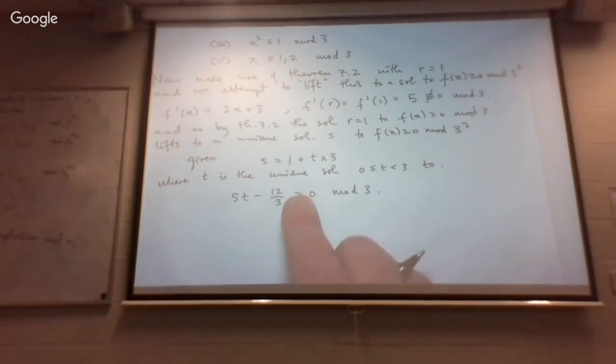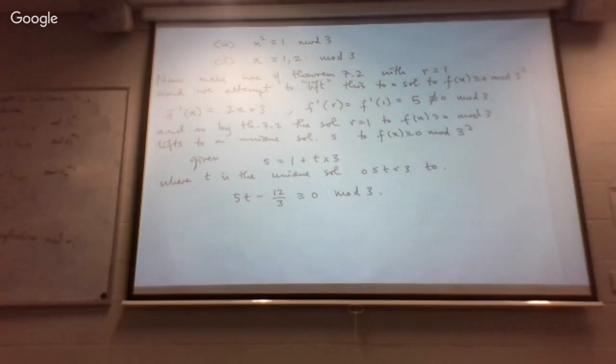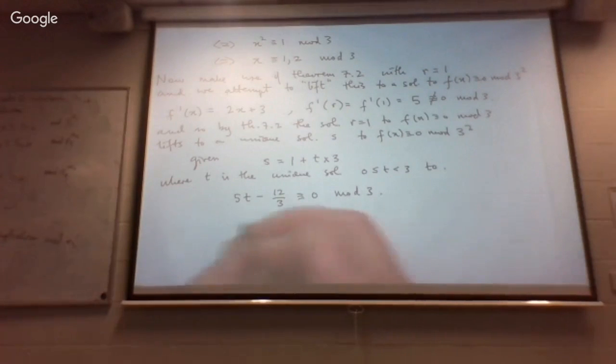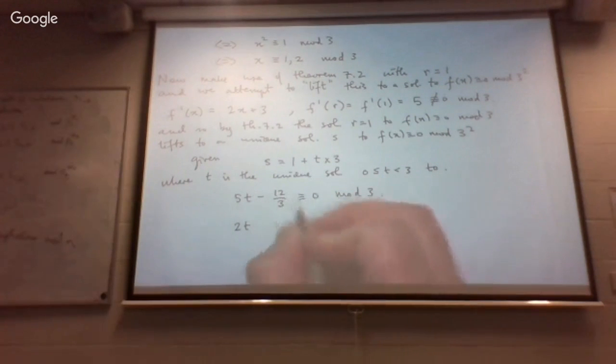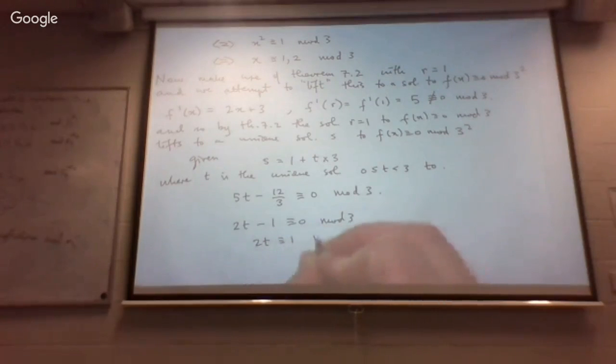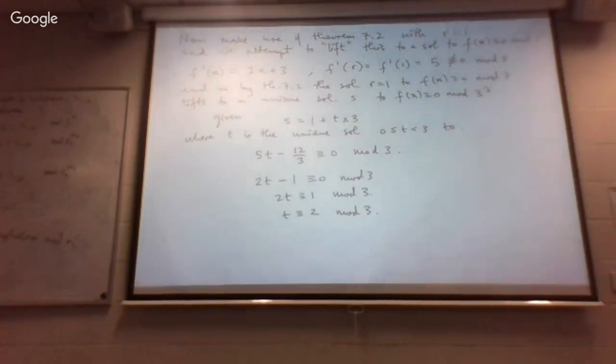We're trying to solve this congruent to 0 modulo 3. Now it's modulo 3, so the 5 is the same as 2. 12 divided by 3 is 4, of course. 4 is just 1, modulo 3. So it's 2t minus 1 is congruent to 0, modulo 3. So in other words, it's 2t congruent to 1, modulo 3. And that's only true if t is congruent to 2, modulo 3.